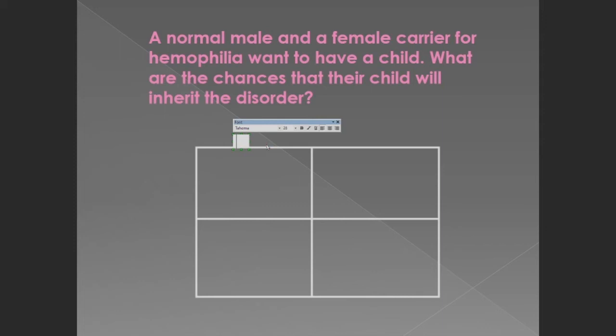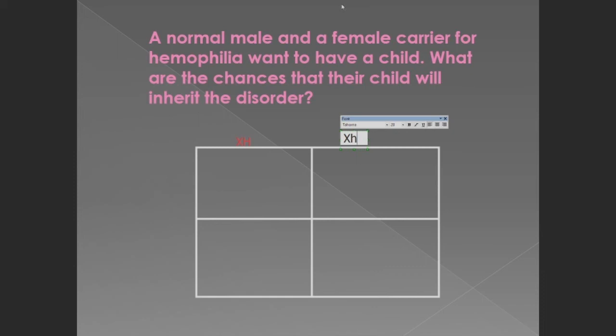So we have a normal male and a female carrier. We're going to start by putting the mom up on top. So she is a carrier, so that means she has the X with a big H, and she will also have X and little h. So remember, big H, little h would be a carrier.